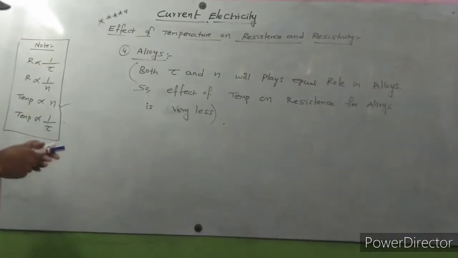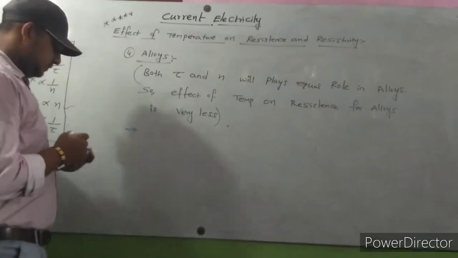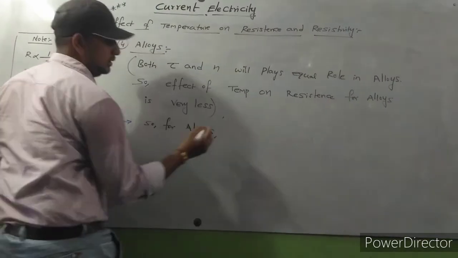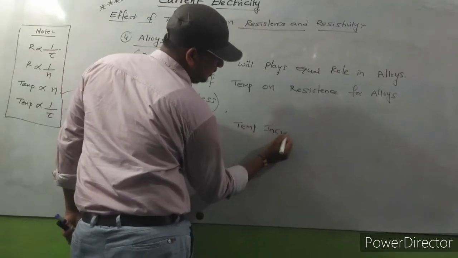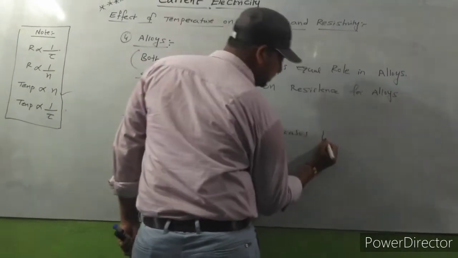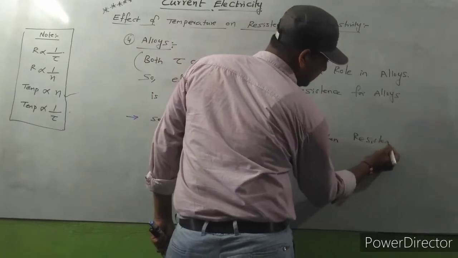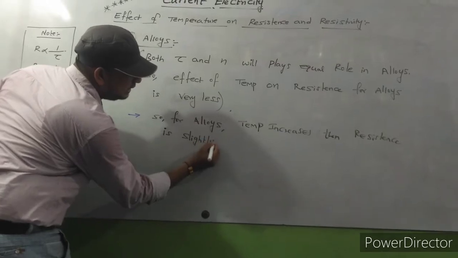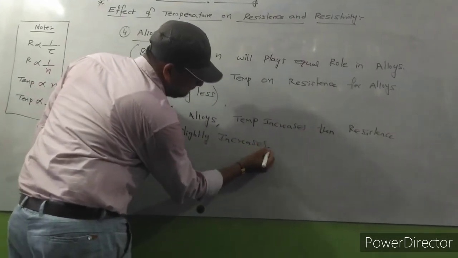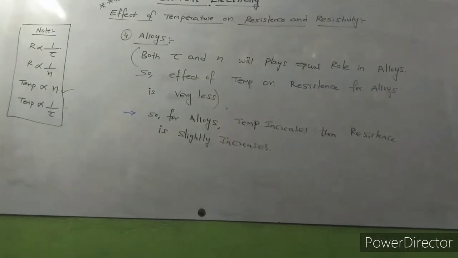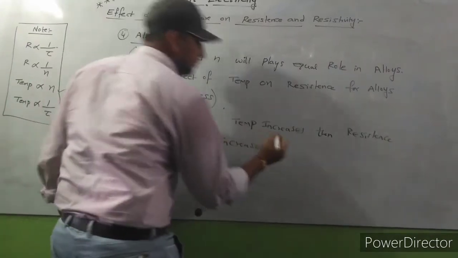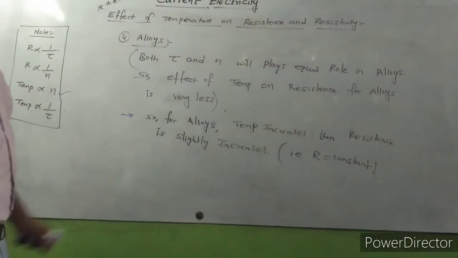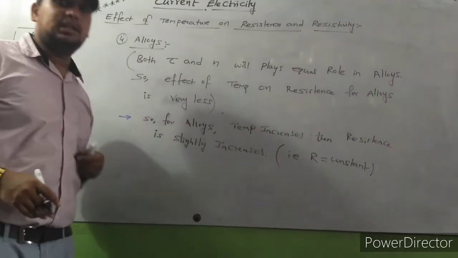If temperature slightly increases, the resistance slightly increases. That means the resistance is almost constant. Even when temperature increases, the resistance of alloys is constant.